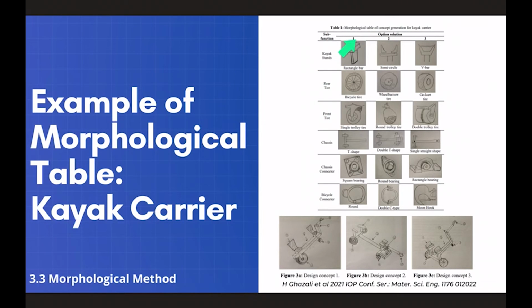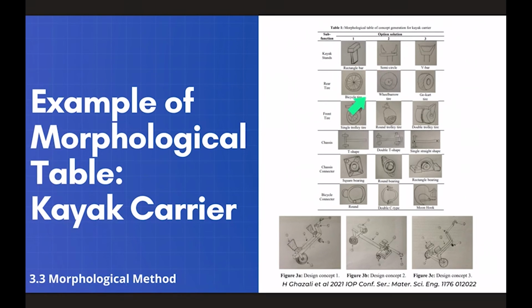Let's say for the first concept we choose this whole column. When you combine these option solutions, it becomes a concept. Then you combine this one, it becomes the second concept. And if you combine all these option solutions, it becomes the third concept. Or you can select which option solution you prefer for each sub-function.